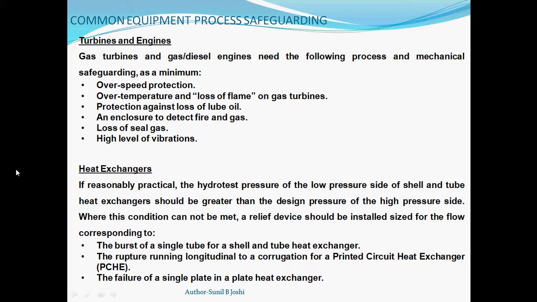But in case it is not practical or not economical, then you have to design your release system for certain release scenarios which are very critical and very complex in terms of identification of total relieving load.